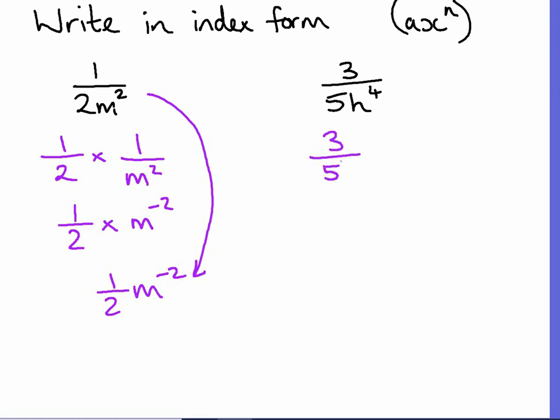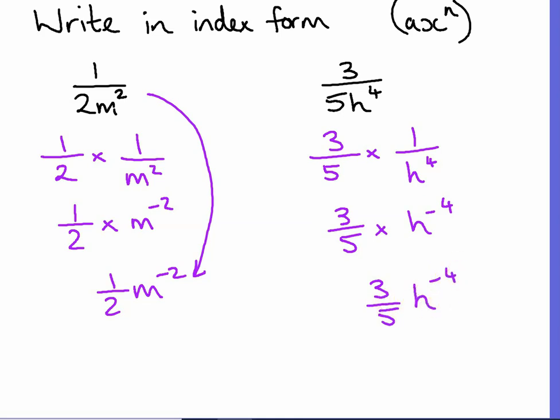So 3/5 times 1 over h to the 4 is an equivalent step of working, which is 3/5 times h to the minus 4, which is 3/5 h to the minus 4. The coefficient a is 3/5. The base value is h, and our power, our index, I can't think of the other word, is -4.